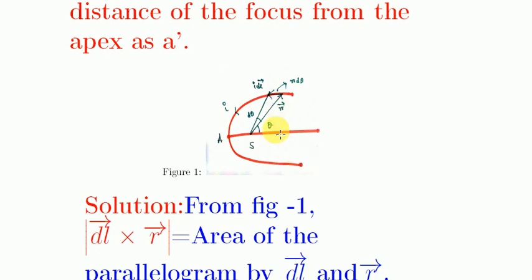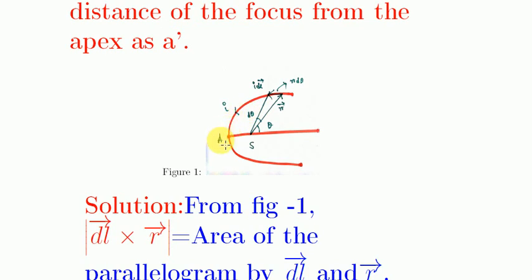because the angle will be 0 when the position vector coincides with the axis of the parabola, and if this position vector rotates in the anti-clockwise direction, then the angle increases.